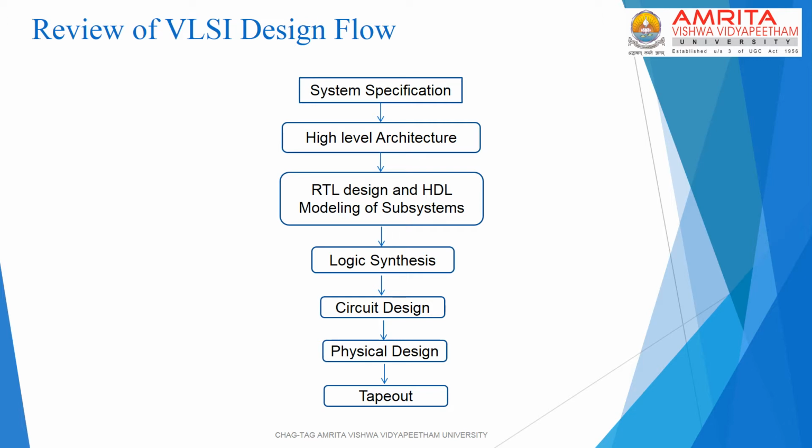So if you are designing a digital signal processor, for example, you need to have very powerful arithmetic blocks. Whereas if you are doing a general purpose processor, the arithmetic is not going to be so critical. So all these decisions regarding the implementation of each subsystem in the design are taken at the architecturing level.